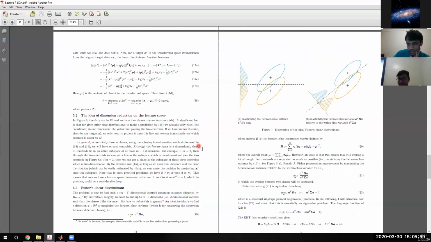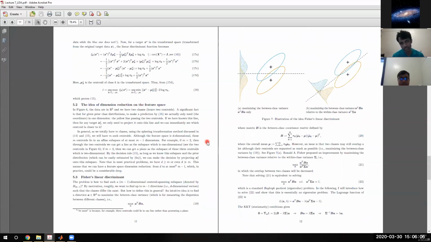For example, if m equals 2, then from 2 points, 2 centroids, you can draw a line. If m equals 3, then we can get a plane through 3 points, similarly.